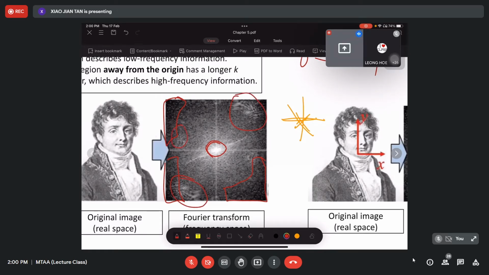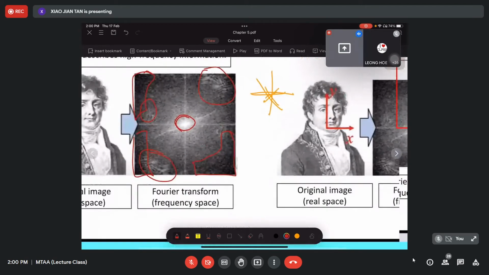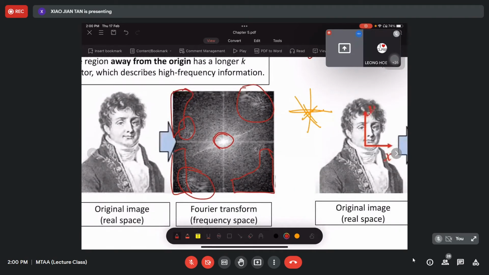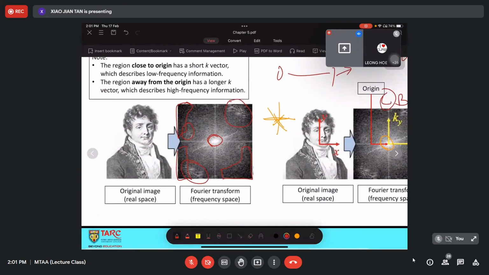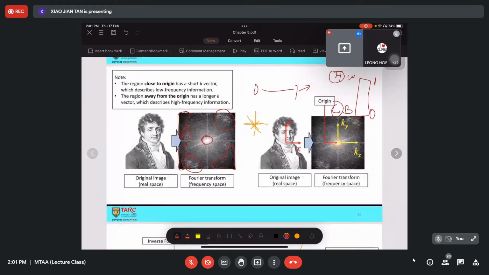This region remarks that in the input image, there actually exist some high frequency information. But of course, in most cases and practically, you will find that the origin would be brighter because it's not logical that in one natural image, all the intensity changes are very severe.